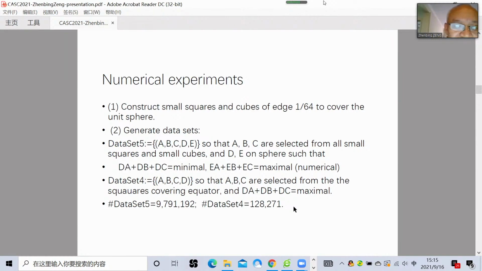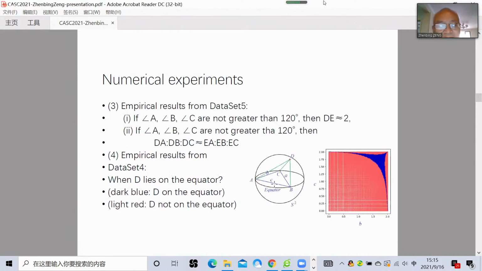So these are the numerical experiments. Then we find something from this data set. Using the computer, we find this approximate fact.